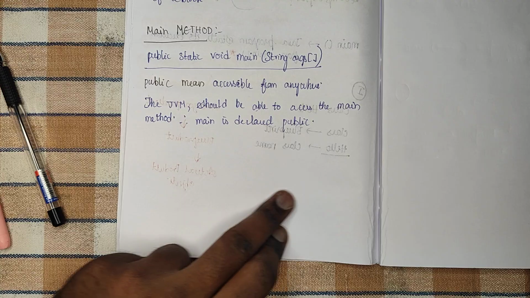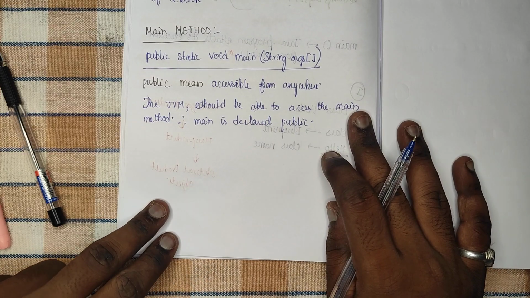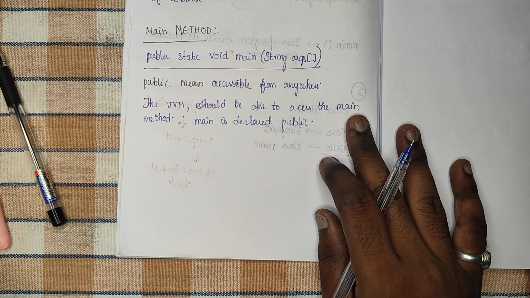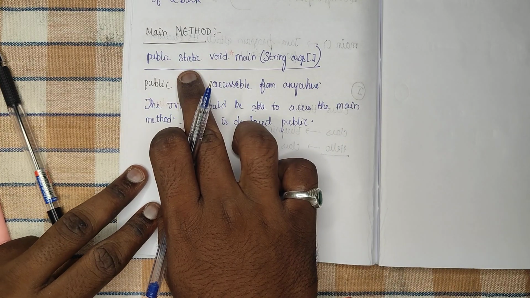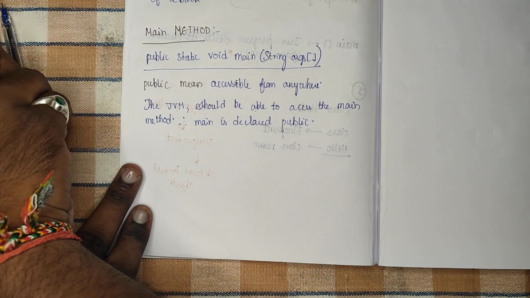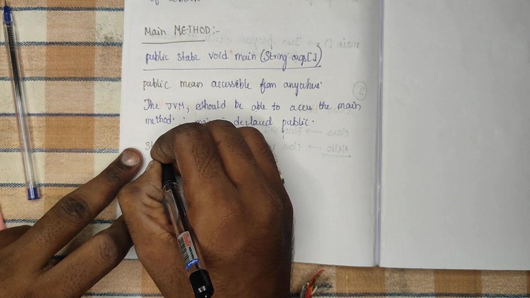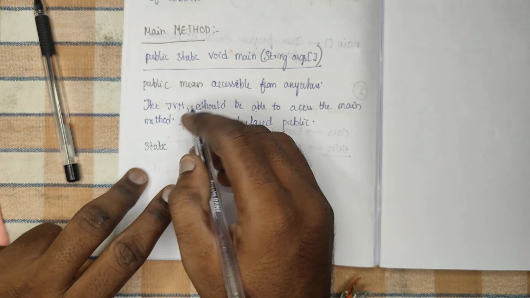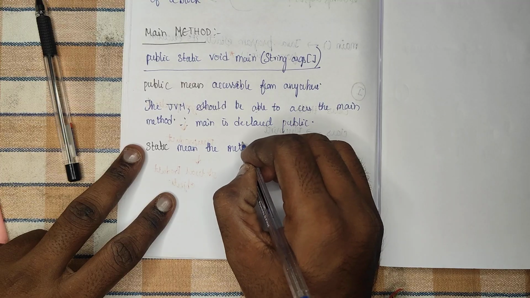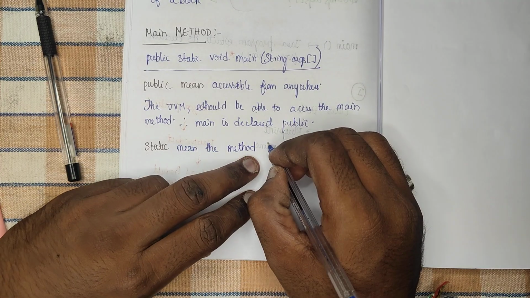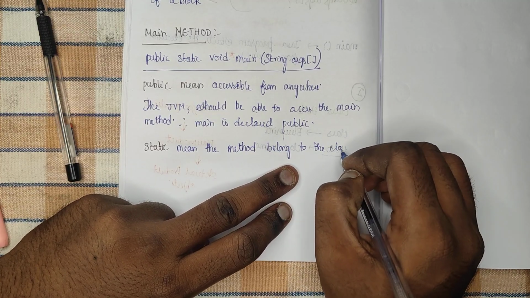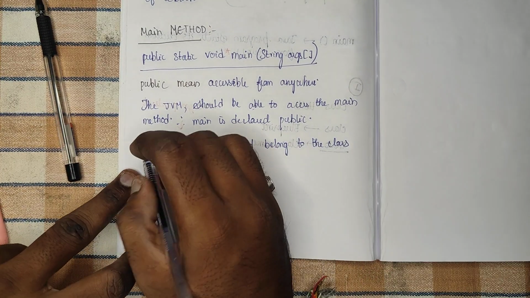Now static. I'm not going too deep now. Static means the method belongs to the class, so no object is required here.